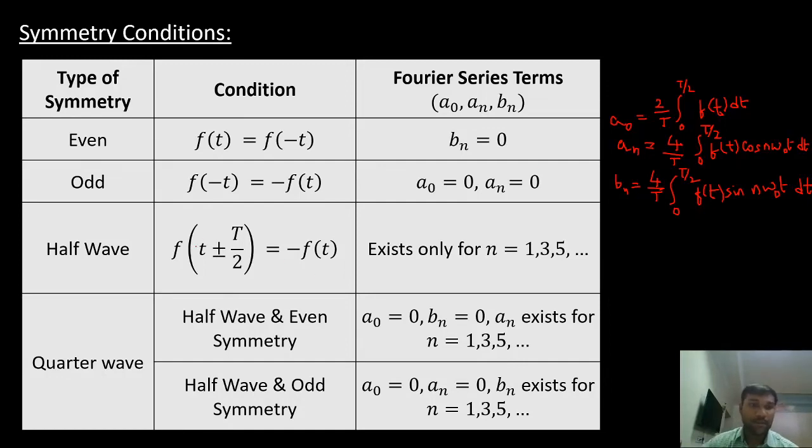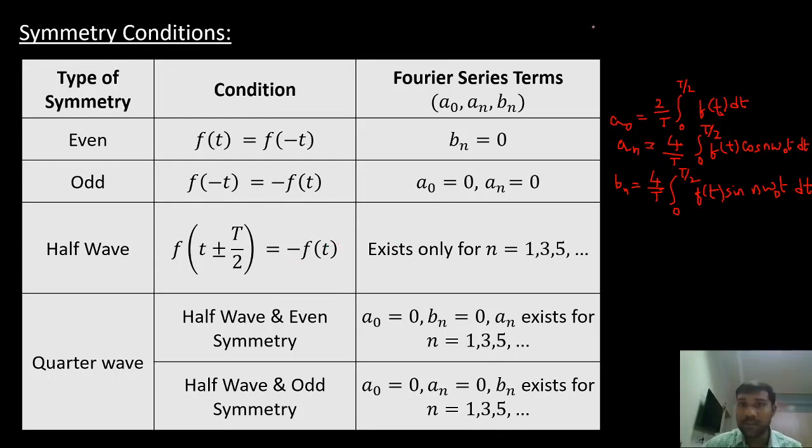Then half wave symmetry. Half wave symmetry means if I take my original signal f of t and shift it by half the time period, then my resultant signal must be equal to the negative of the original signal.